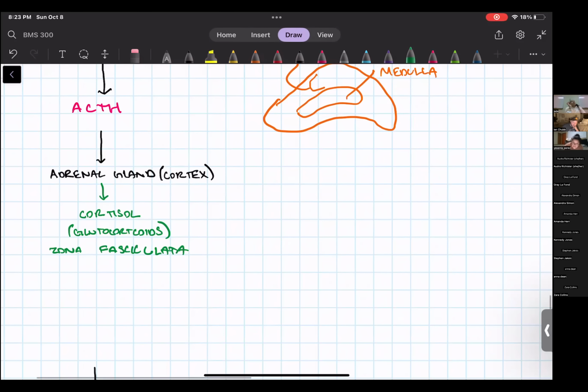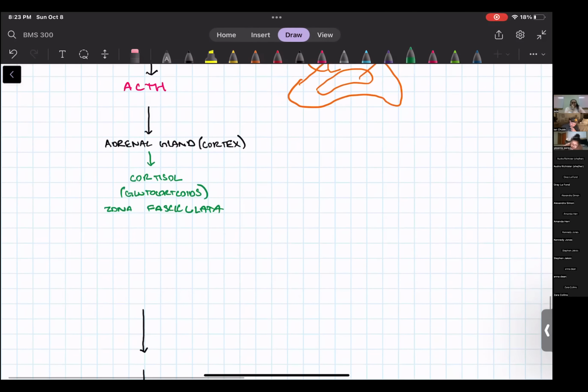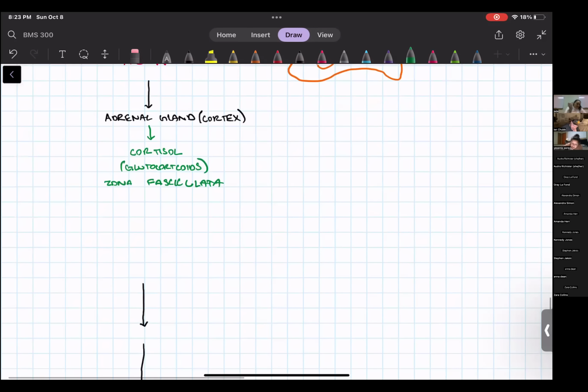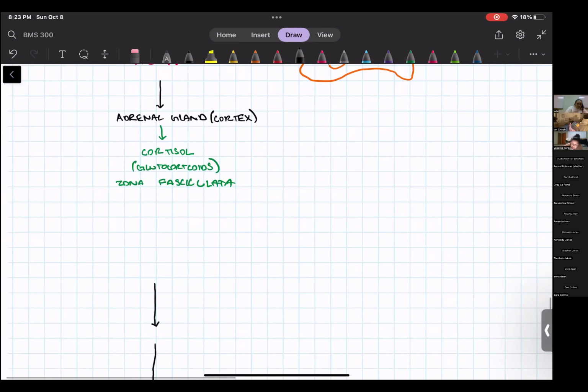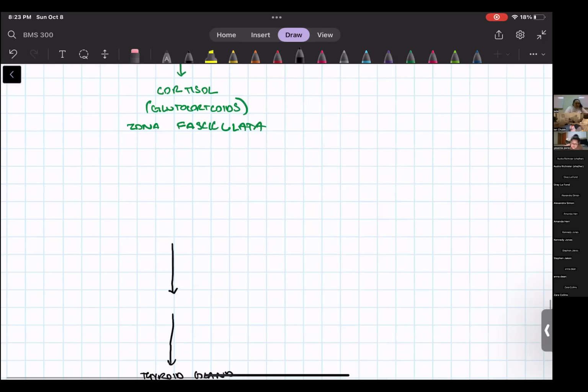But what are some of the pathologies with this one? Diabetes insipidus. Yeah. What are some of the other big ones? Is this Cushing's disease and Addison's disease? The diabetes one is important, but these two are the really big ones that I think are good to know.